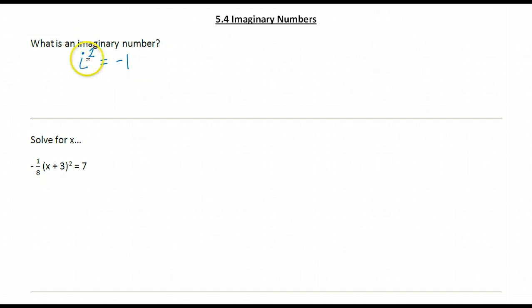i is the only kind of number that squared gives you a negative number. Any other number that we square will always give us a positive answer. What does that do for us?